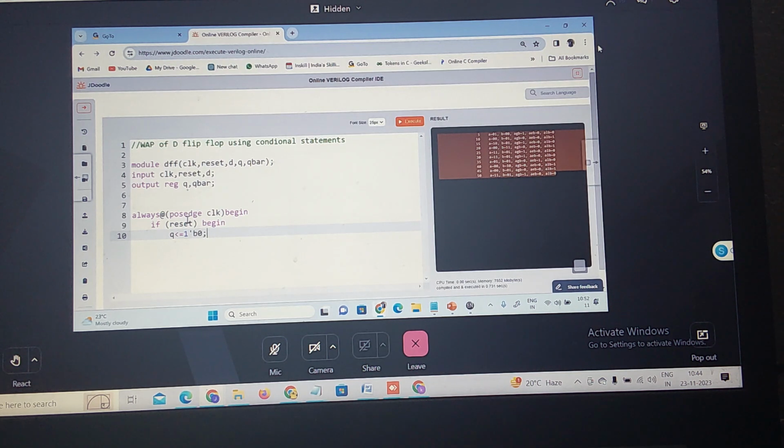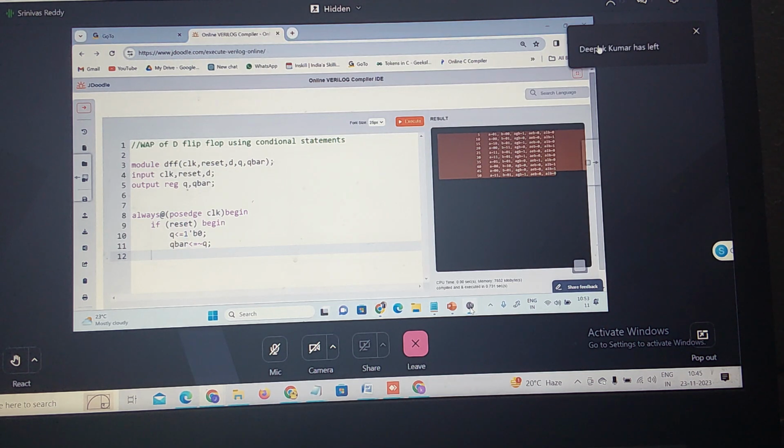Then Q bar is 1'b1, or I can write not of Q. If Q is equal to 0, Q bar becomes 1. This is when reset is equal to 1.